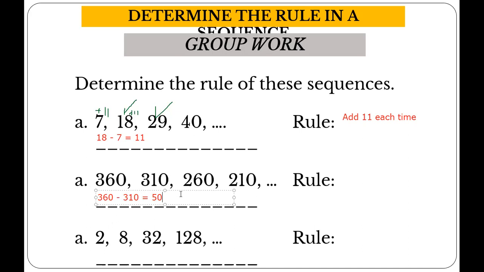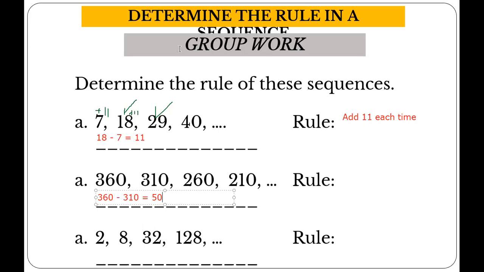Decreasing. Correct. Now, since it's decreasing, therefore we are going to subtract, but you have to check first. Is it subtract 50 each time or not? So we will check. 360 minus 50 gives me 310.